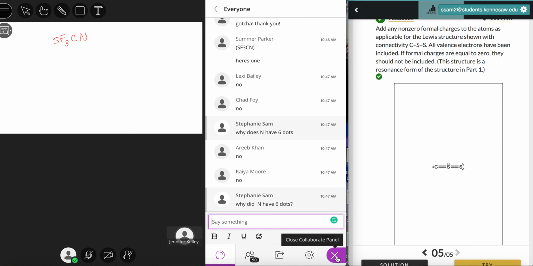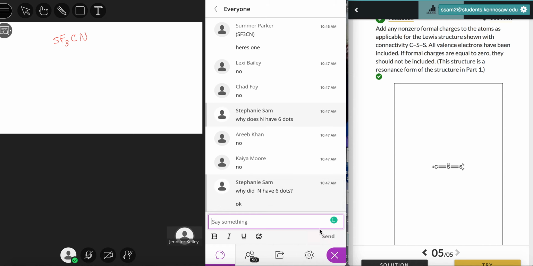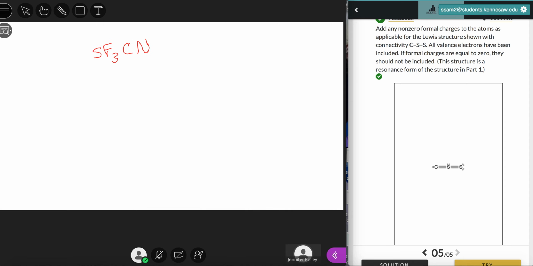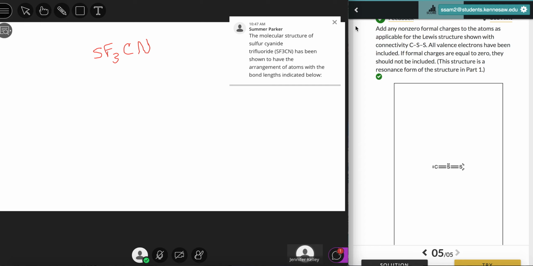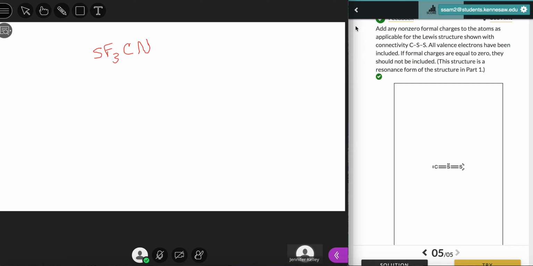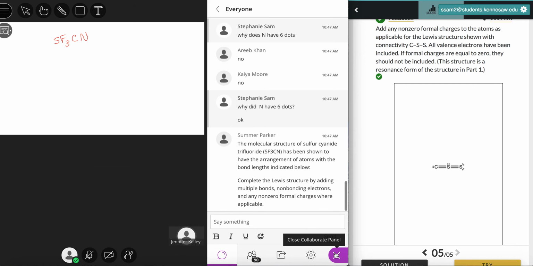Oh, nitrogen wouldn't have 6 dots. It would have 5 at most. Okay. So in the question, what did they tell you about SF3CN? Bond lengths indicated below. Okay.